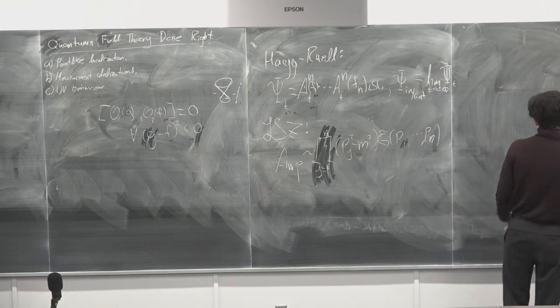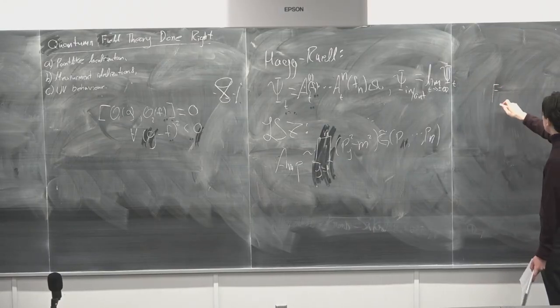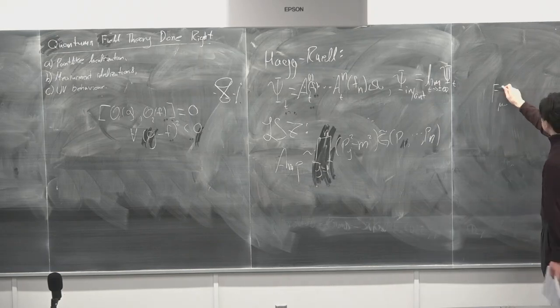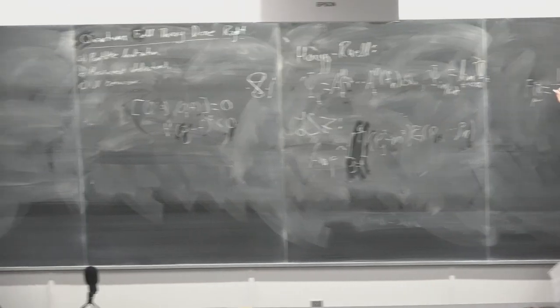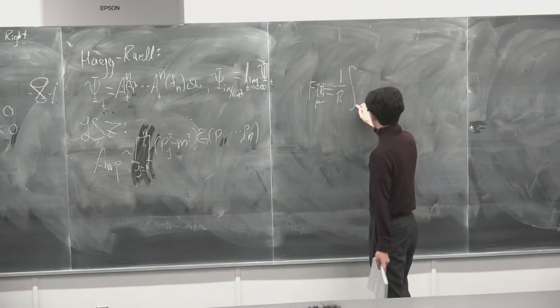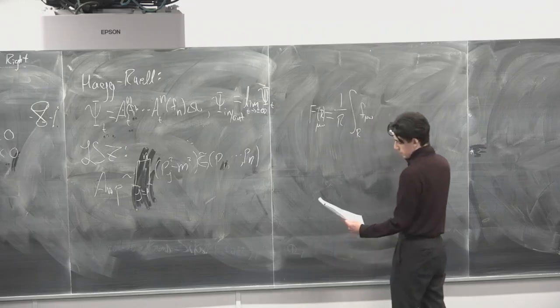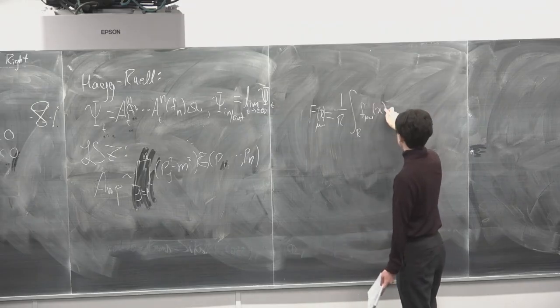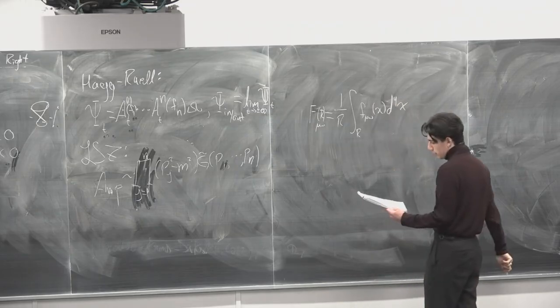They wrote this out by saying that to meaningfully define F_mu nu as a function of R, where R is your space-time region, you take 1 over the space-time volume integrated over the region of F_mu nu of x in four-space.